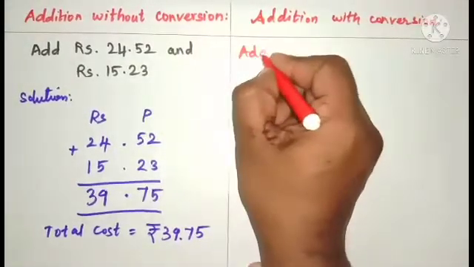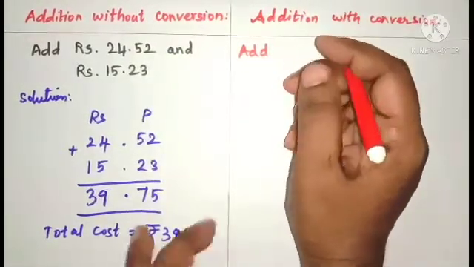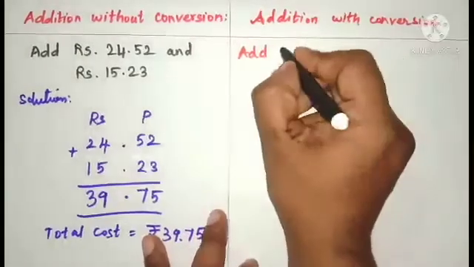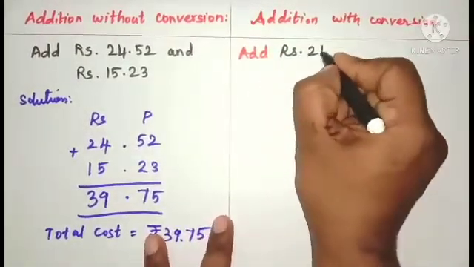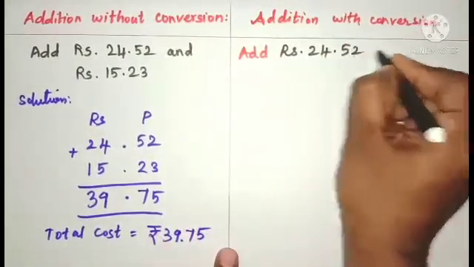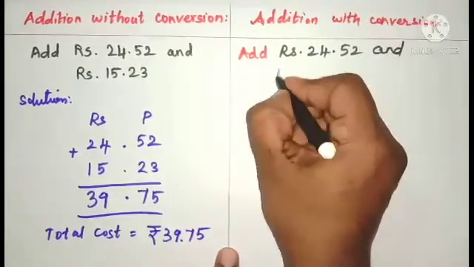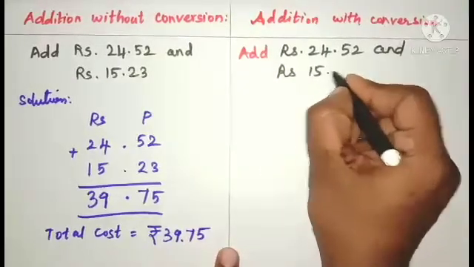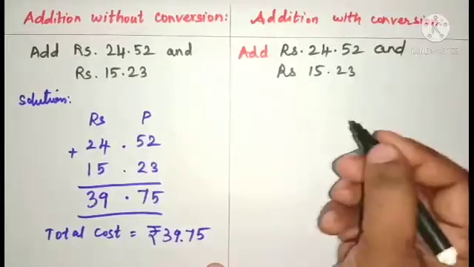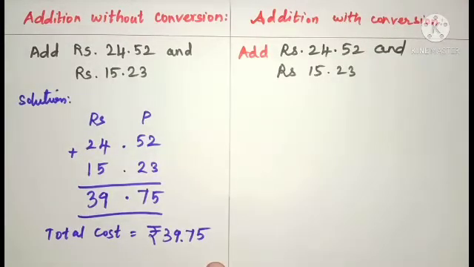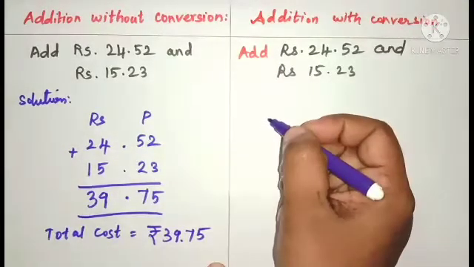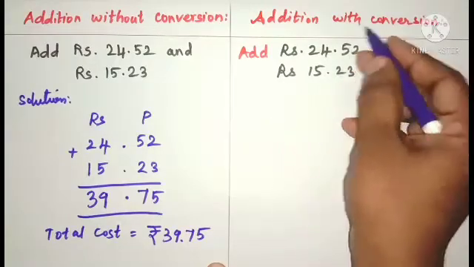Adding rupees 24 52 paise and rupees 15 23 paise. Now, how to do the addition on money with conversion?